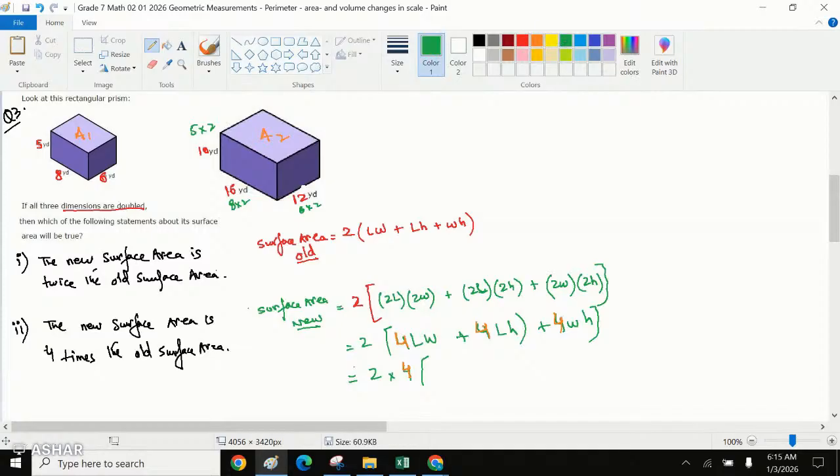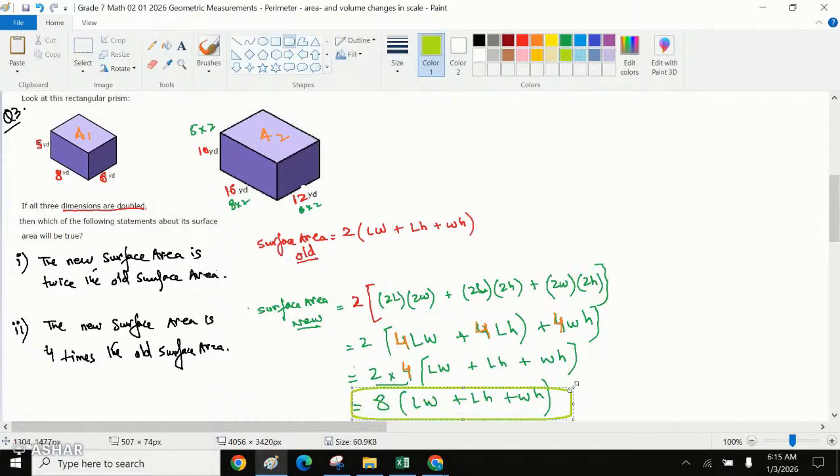Therefore, we can write this as length multiplied by width plus length multiplied by height plus width multiplied by height. And 2 and 4 when multiplied together become 8. Agreed? So what we have here is the new surface area, and what we have over here is the old surface area.